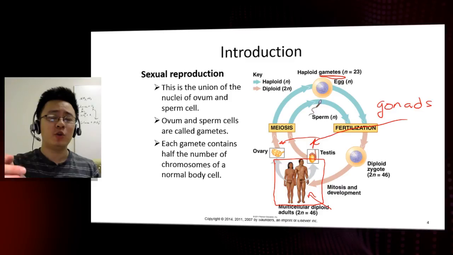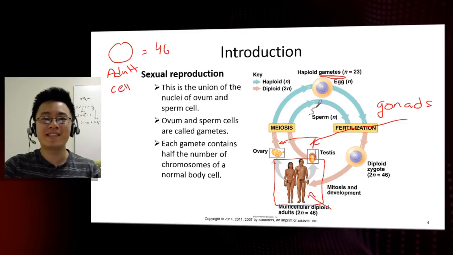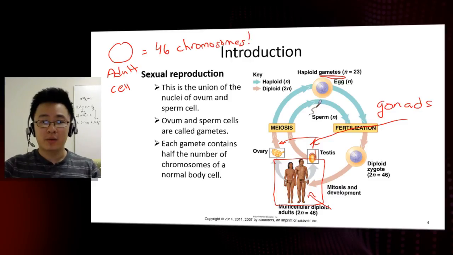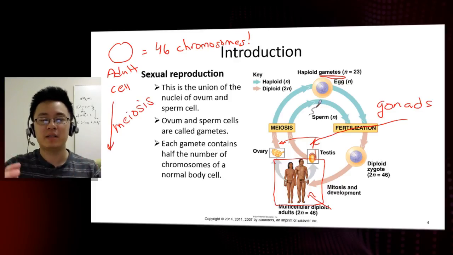So each adult cell contains 46 chromosomes. Now, when this adult cell undergoes meiosis, I'm doing a very condensed version.